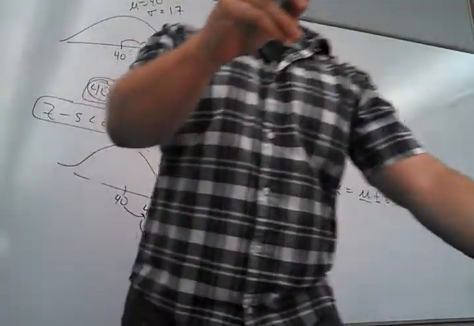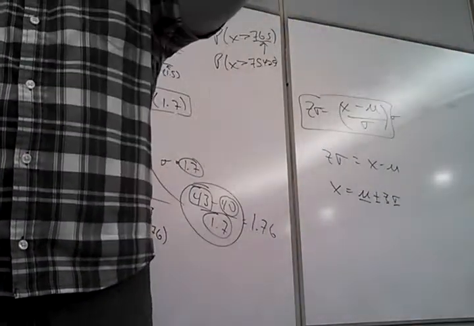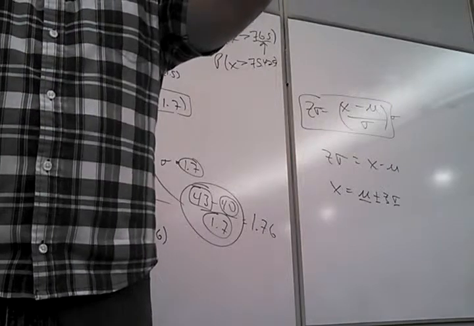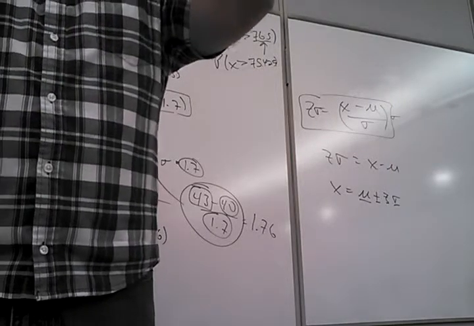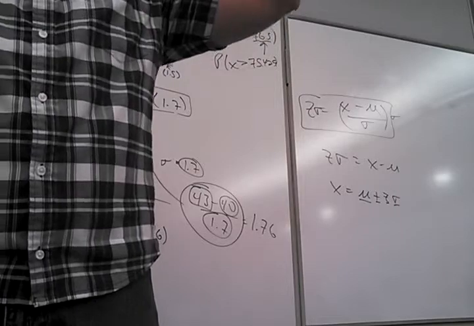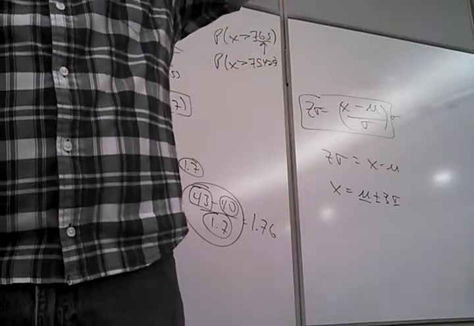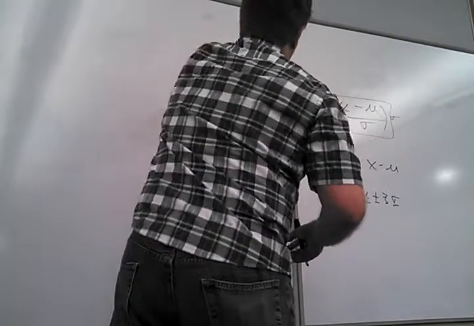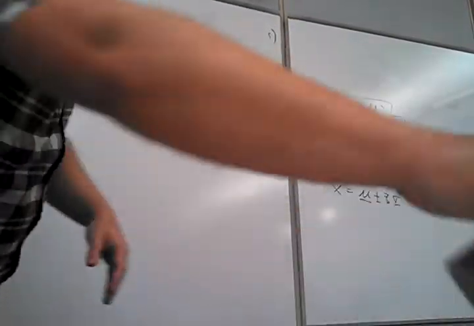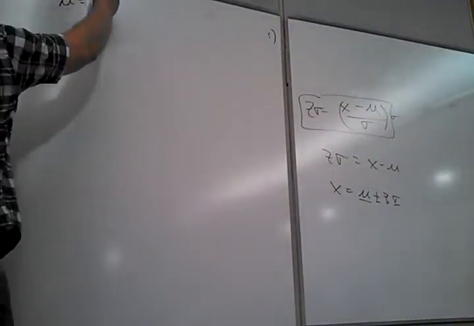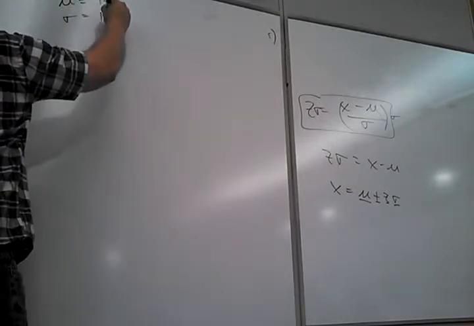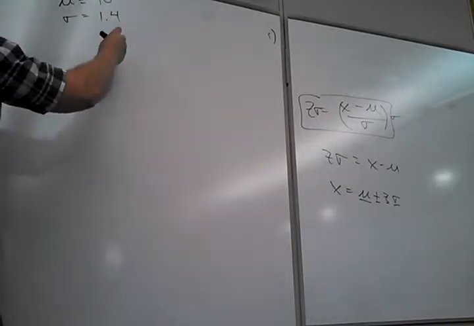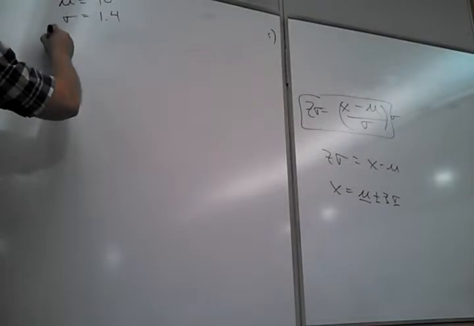So if a data point had a z-score of 2, how many standard deviations away is it? 2, because the z-score tells you what? The number of standard deviations away. So if I had, let's say, a mean of 10 and a standard deviation of 1.4, let me ask you a couple questions.